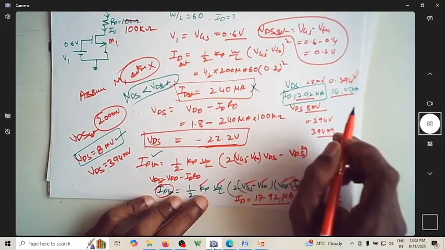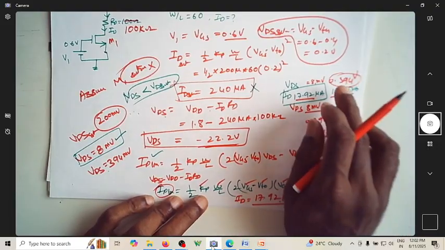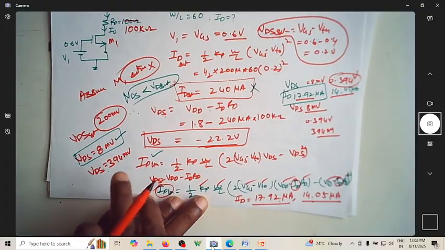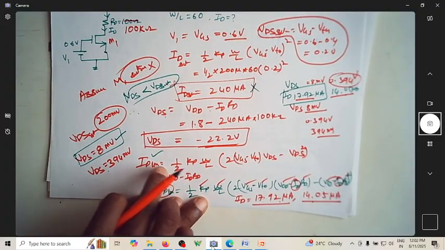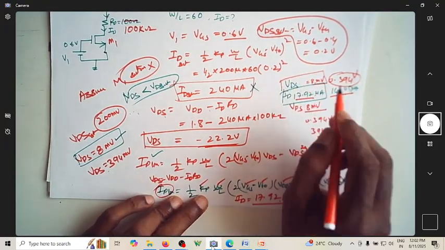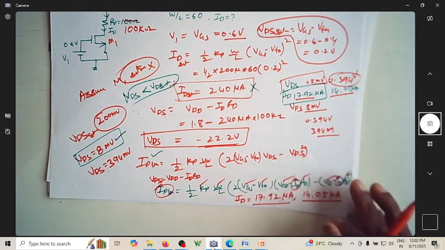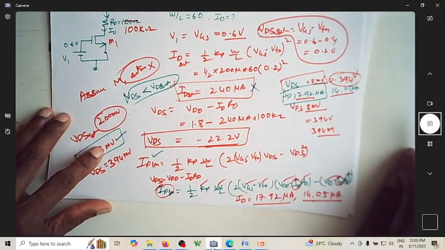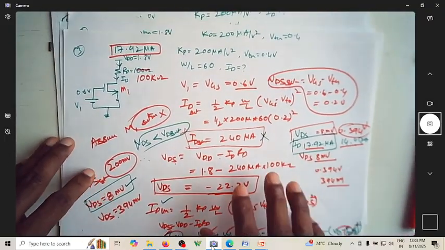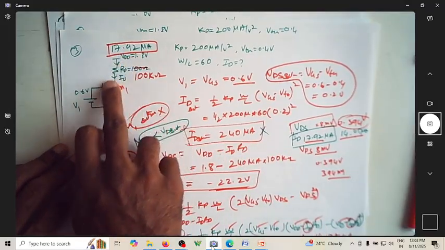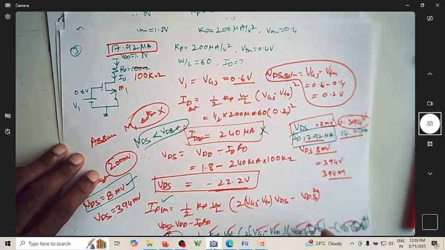Out of these two, 394 millivolt is not a voltage which keeps the MOSFET in linear region, because here we consider it as linear region. So VDS of 8 millivolt is a possible linear region operation. So the corresponding ID is 17.92 microampere. So the current flowing through this circuit, the drain current, is 17.92 microampere.